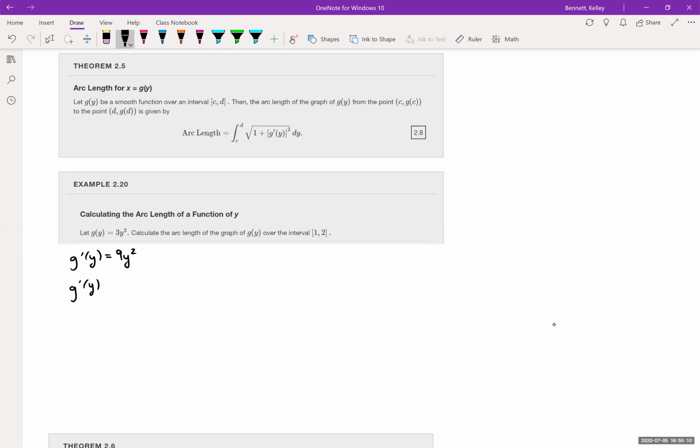G prime of y squared equals 81y to the 4th. And then we can just set up our integral. Not going to integrate because, well, you'll see in a second. It tells me my interval is 1 to 2. I plug it into the Pythagorean theorem. And this is not easily integrable.